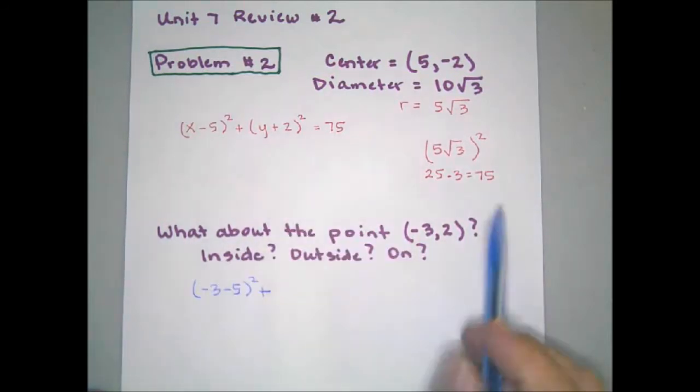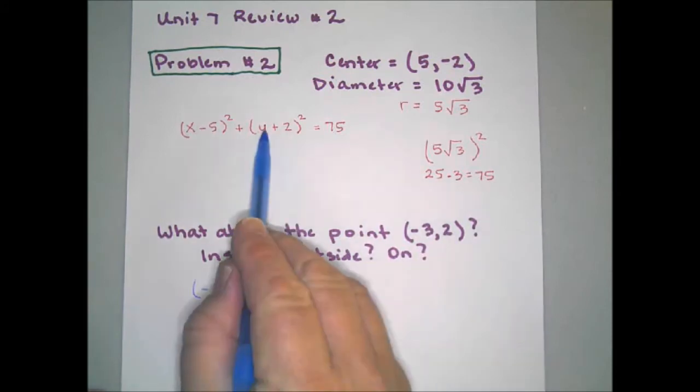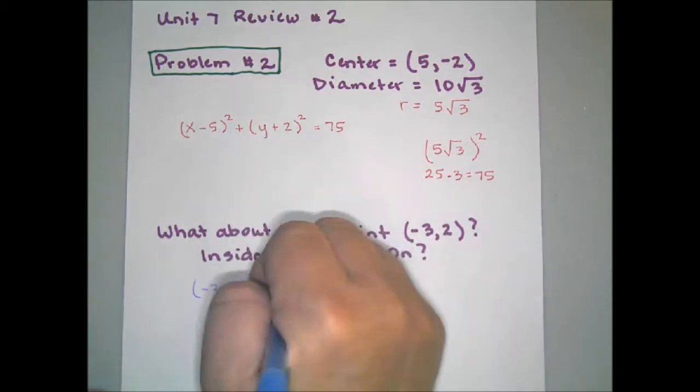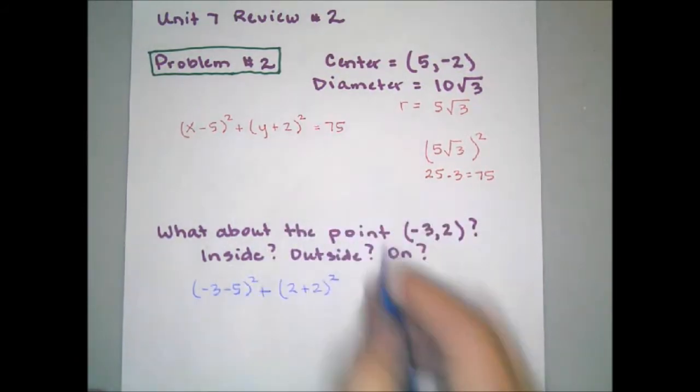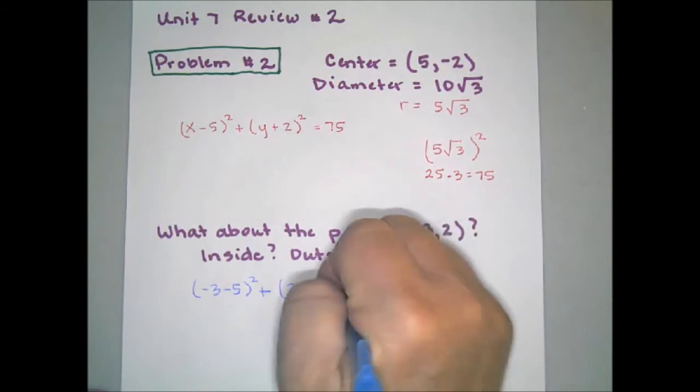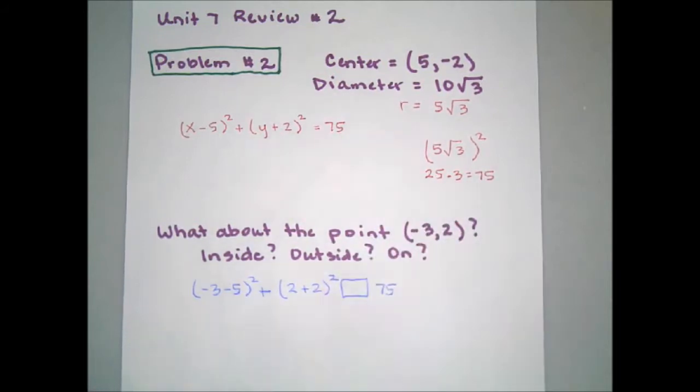And we're going to do the same thing for that 2 right there. We're going to plug it in right where it says y. 2 plus 2 squared. And we're going to evaluate it against the number 75. So I'm going to put a box there, because we don't know, is it going to be less than, equal, or greater than? That's what's going to help us.